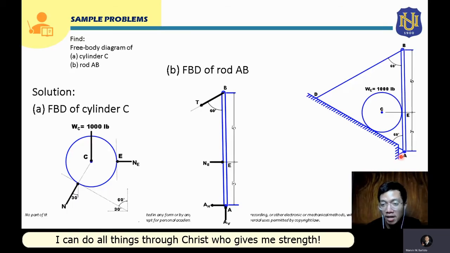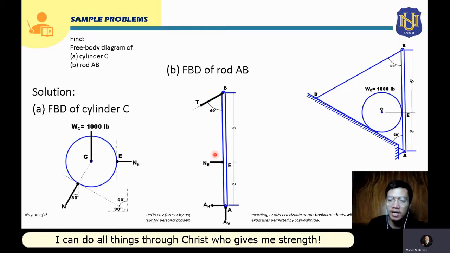Instead, bar AB is supporting this cylinder, so the cylinder will actually push bar AB. That will be the applied force for rod AB.